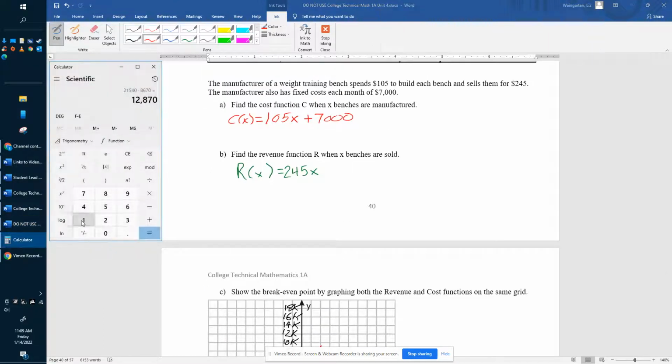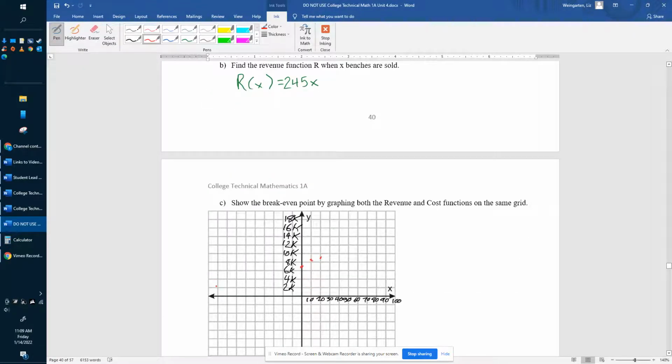So let's bring out our calculator. 105 times 50 plus 7,000 is 12,250. So right about here. I'm going to do my best to do a line through these points.